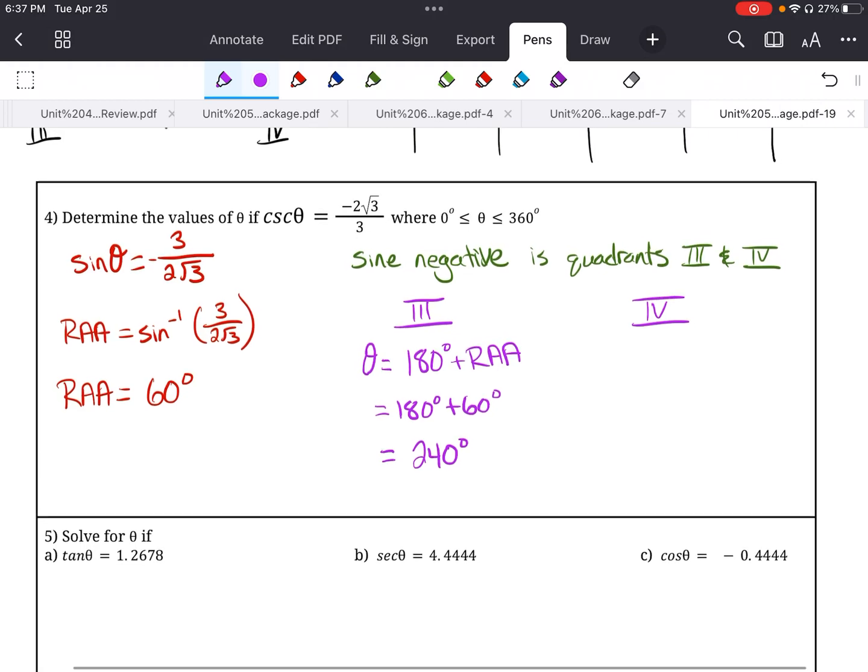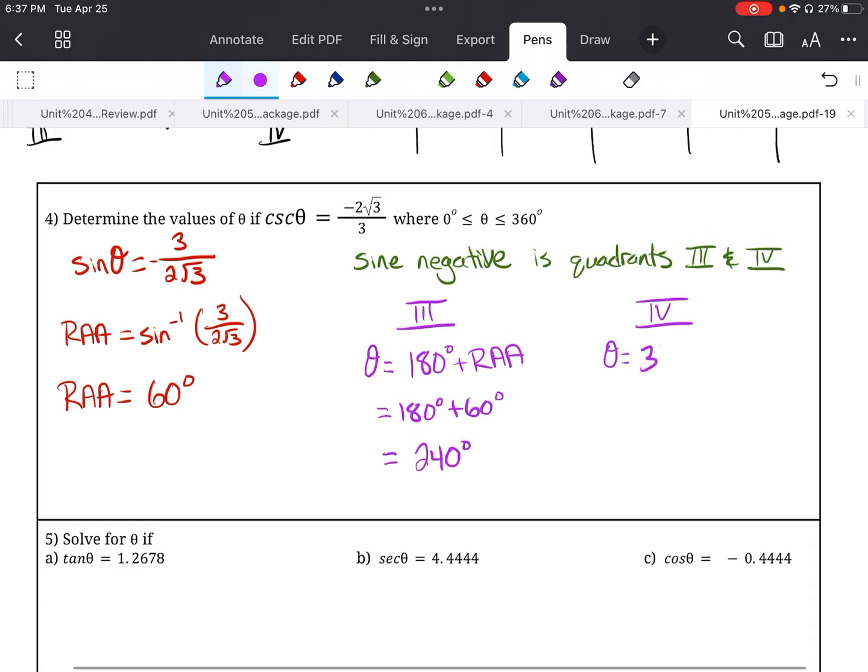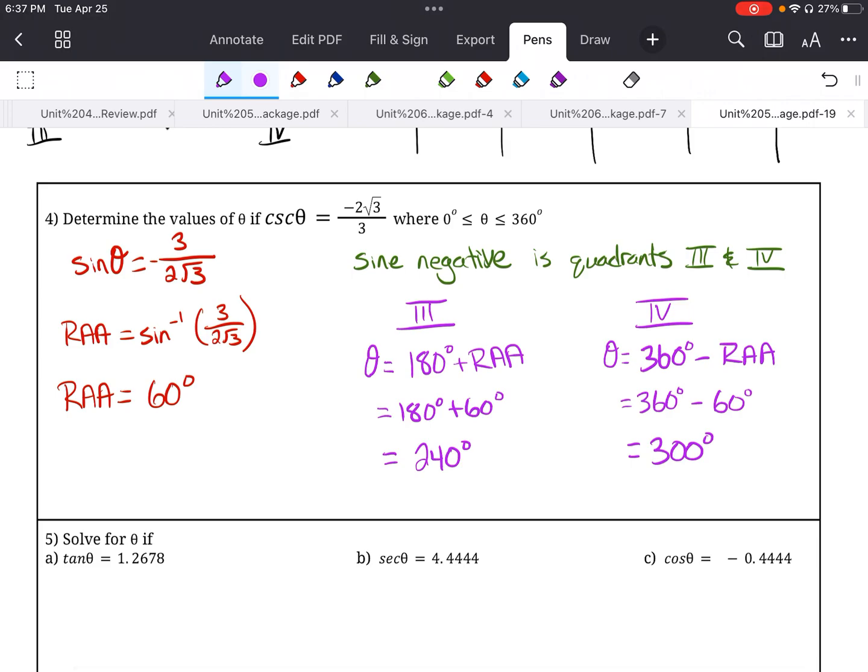And in quadrant 4, we know for the principal angle, it's 360 degrees minus the related acute angle. And 360 minus 60 is 300. Okay, so 240 degrees and 300 degrees are the angles that work with cosecant that will get an answer of -2 times root 3 divided by 3.